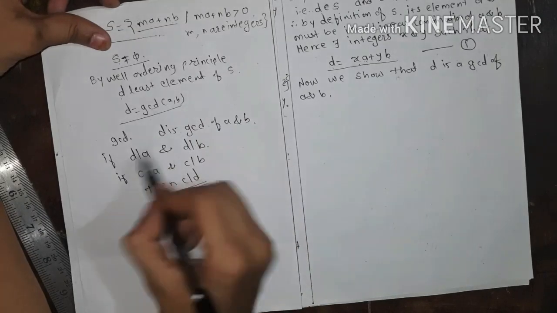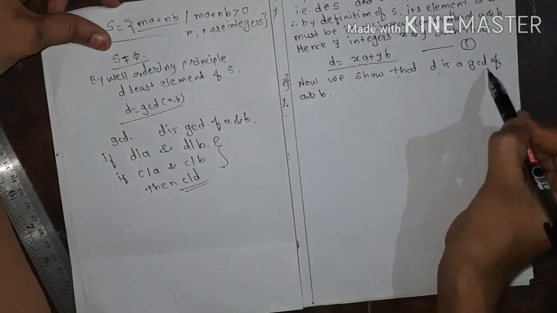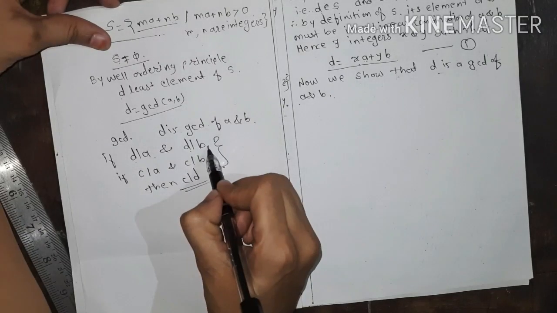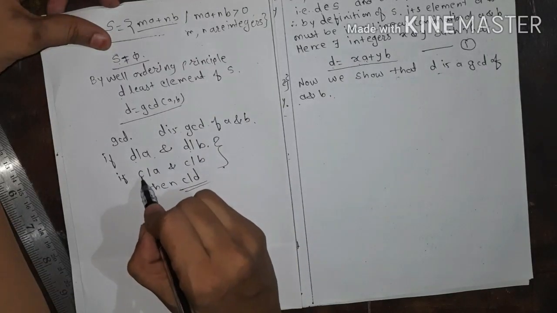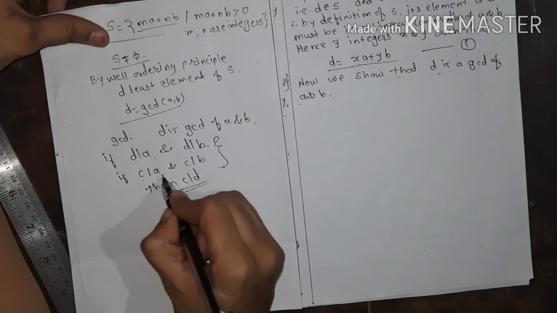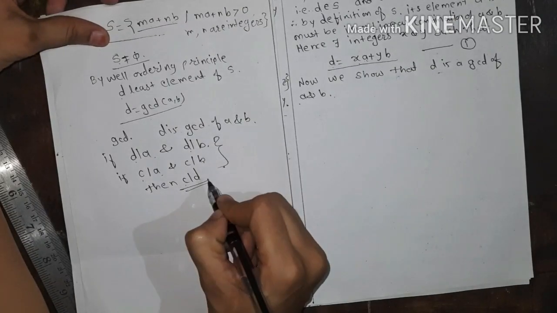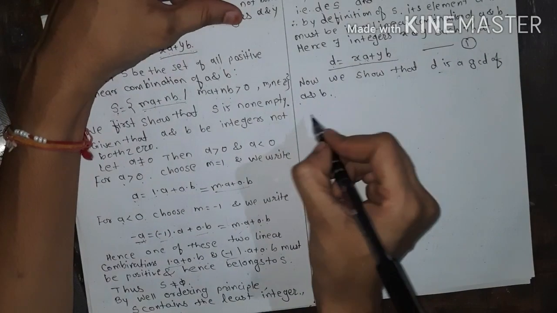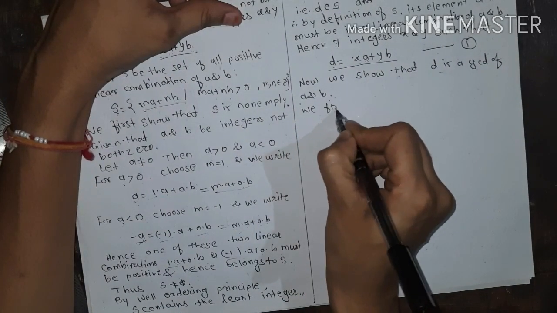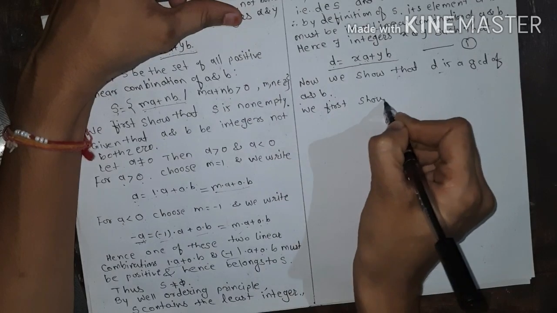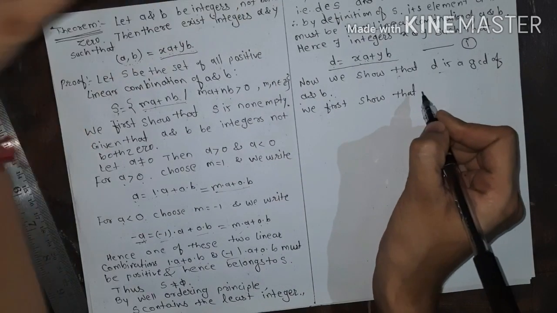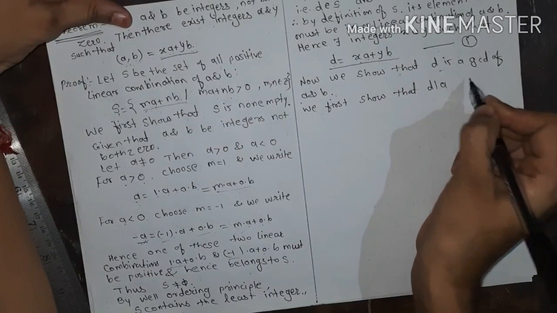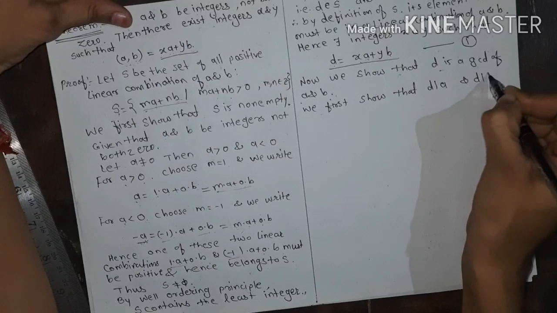Okay, so to show that d is a GCD of a and b, we prove that d divides a and d divides b, and we consider c as a divisor of a and b, and we show that c divides d. Firstly, we show that d divides a and d divides b.